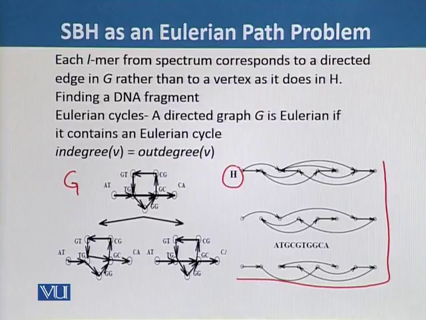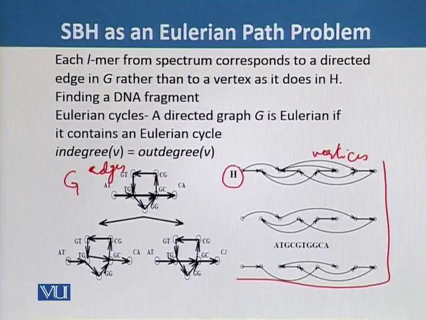In the H graph we consider the L-mers as corresponding to the vertices, but in the G graph we consider the L-mers, in terms of L minus 1 mers, as corresponding to the edges rather than vertices. So the problem of finding an Eulerian path is much better than the Hamiltonian path problem.